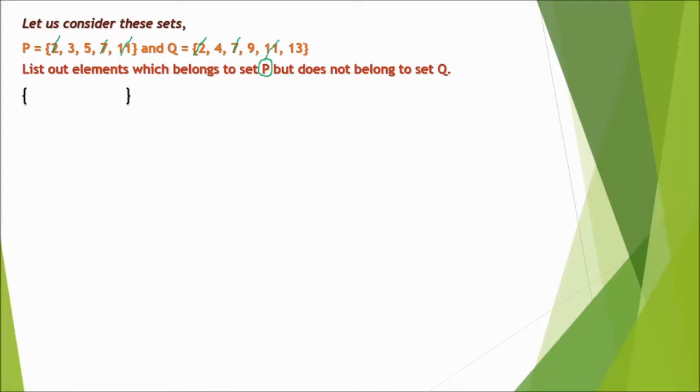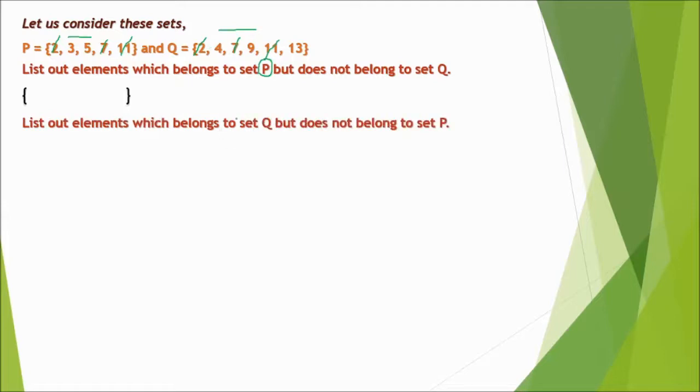Now these are the common elements, and there are a few remaining elements in set P and a few remaining elements in set Q. What we are going to do with those elements, we will see later on. Before that, list out the elements which belong to Q but do not belong to P also. We have to keep those elements inside this bracket.